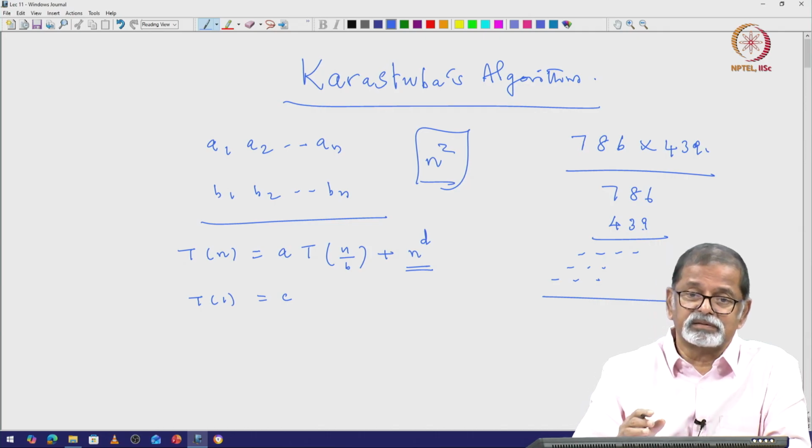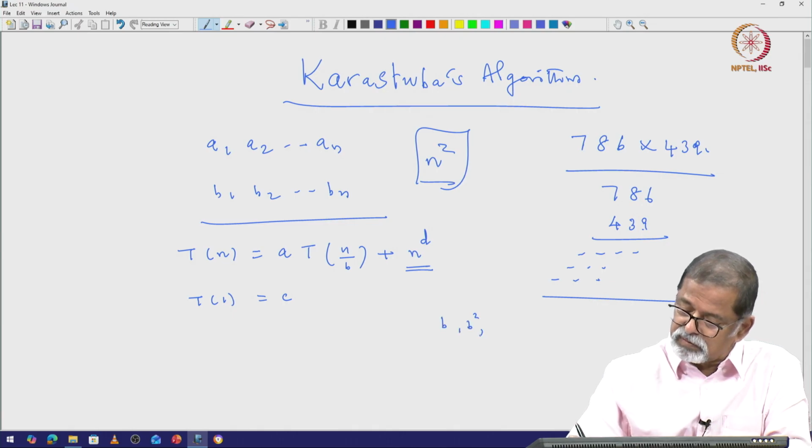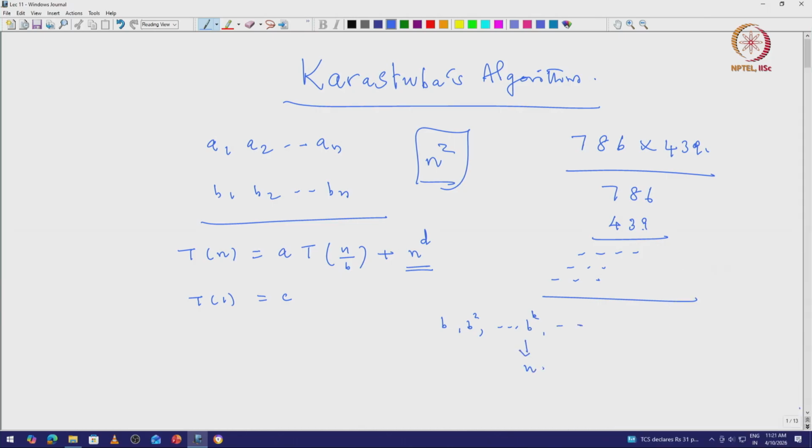Again, there is an infinite sequence b, b square, b power k. So when n is of the form b power k, we have appropriate algebra done, and you can get T of n in some closed form, in some simple form.